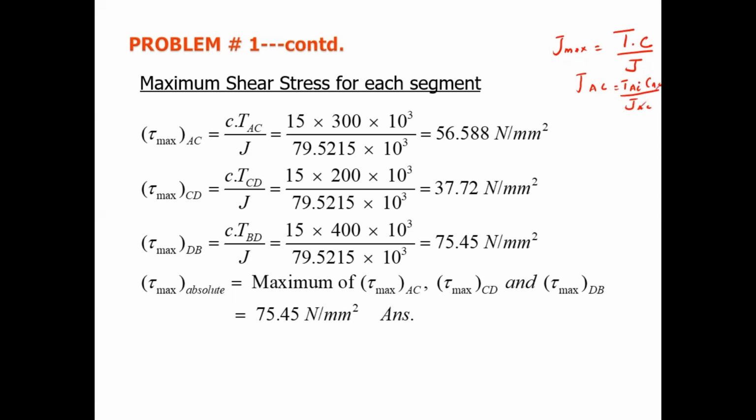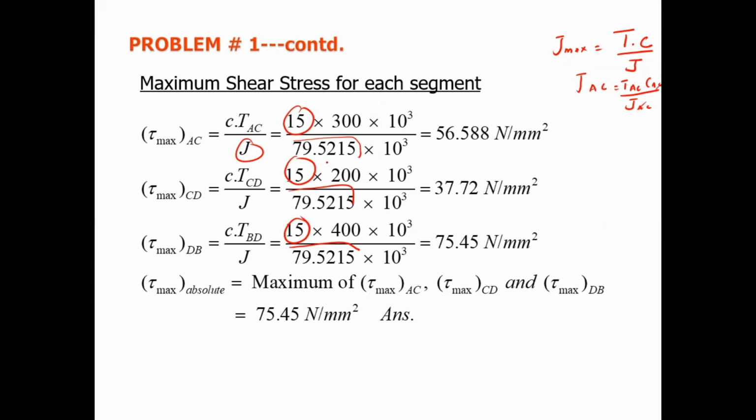So we have to put always TAC, only tau is different. So for the above formula, they modified it like this: C, TAC. So C remains same for all, and J remains same for all. Only difference is in the tau value.